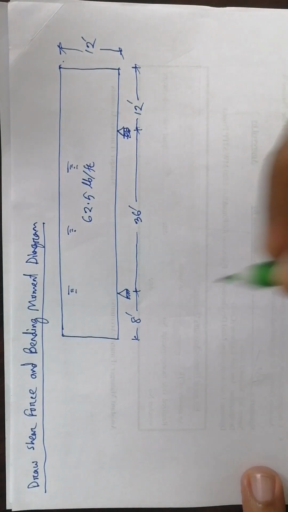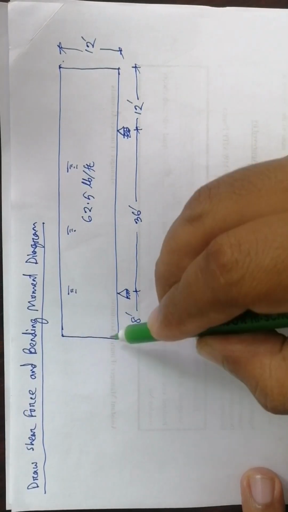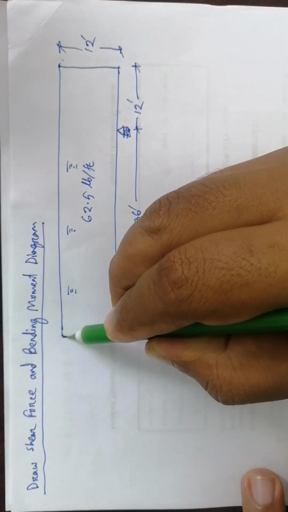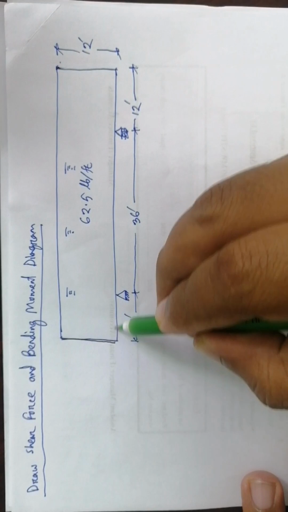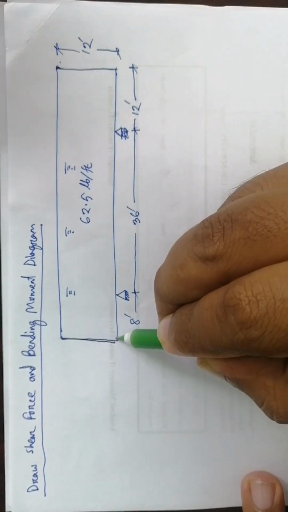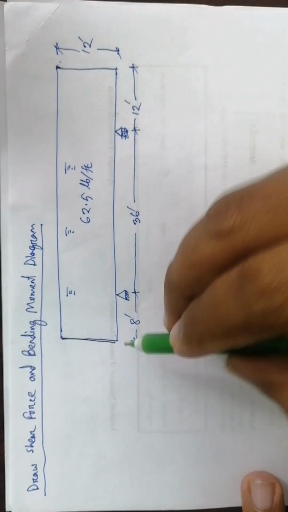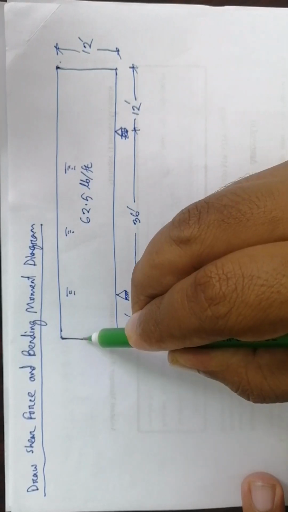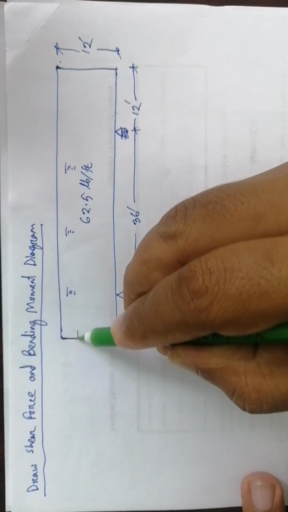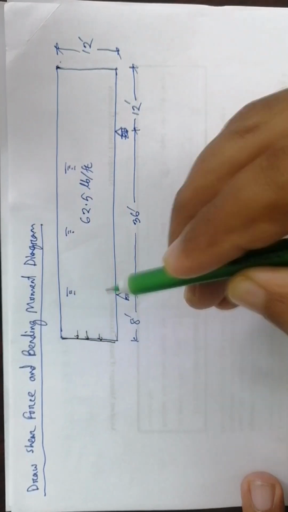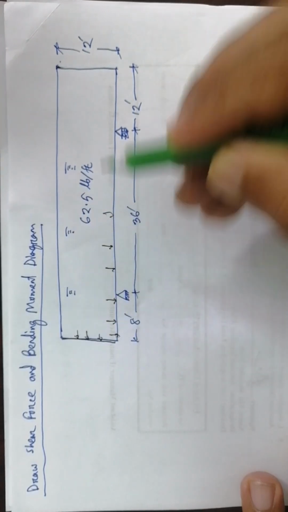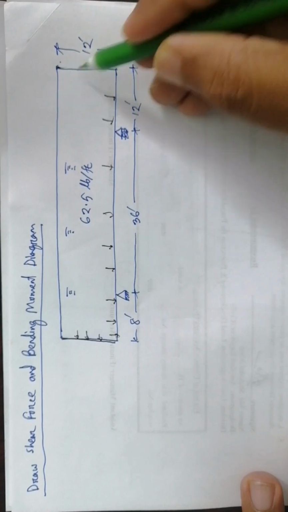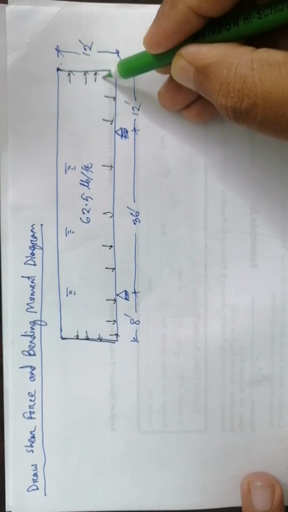So first we draw the stress diagram. Here two types of stress act on the water reservoir, on these two sides and on this perpendicular beam. Water stress acts like this, and the bottom stress acts in the bottom direction like this, and also on this side.